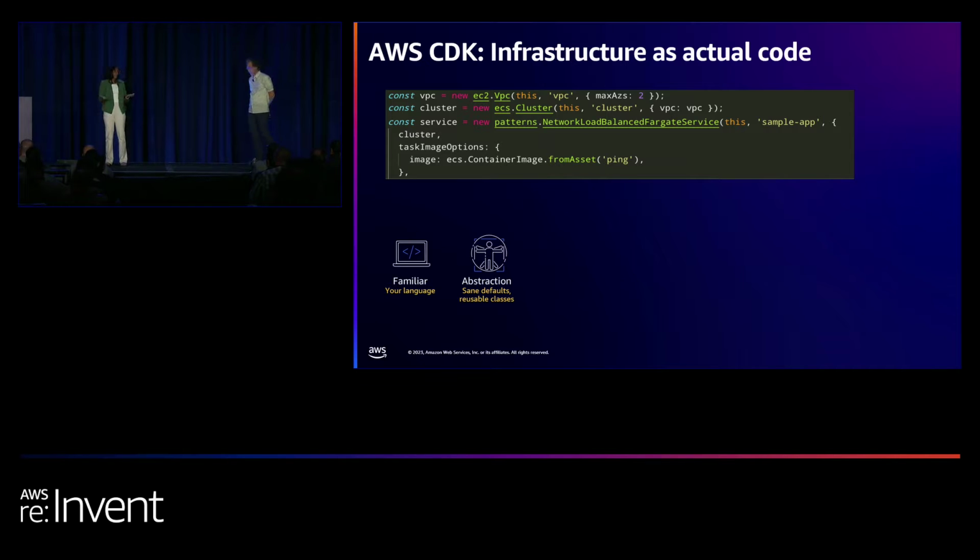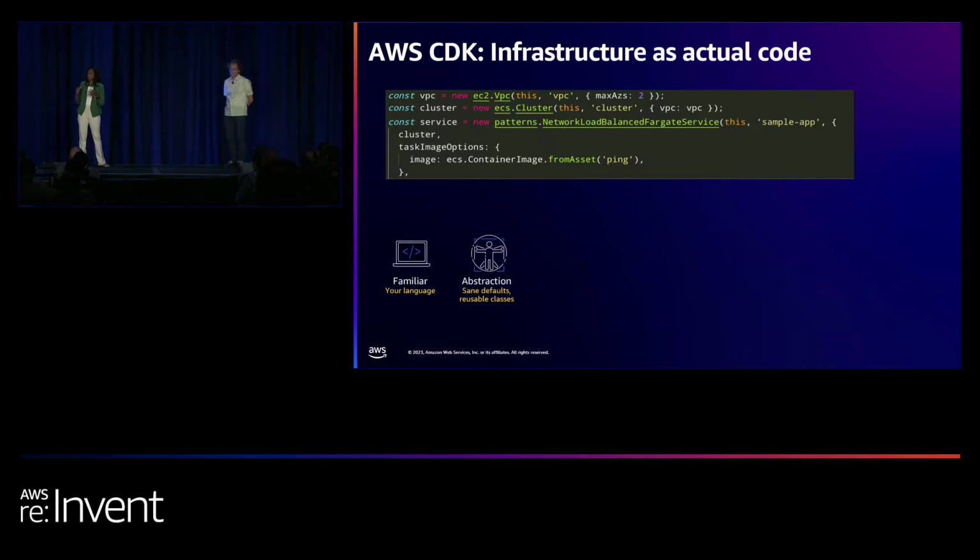So if you haven't used AWS CDK, it is a framework that allows you to write your infrastructure as actual code using familiar languages like TypeScript or Python. Because it is object-oriented, it allows you to write higher-level abstractions like a VPC or a cluster within that VPC.